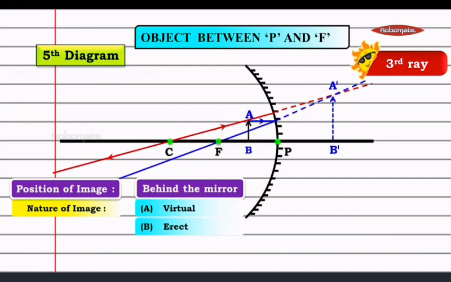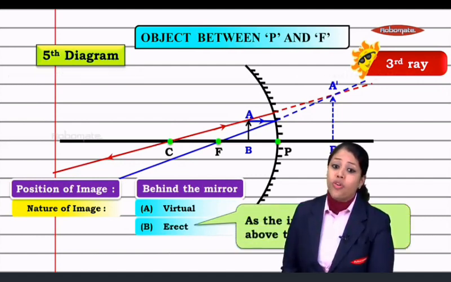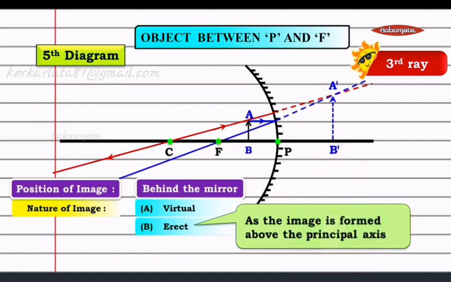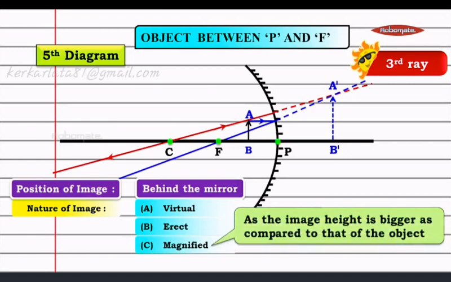Whenever it is virtual, it is erect. Why erect? As the image is formed above the principal axis. When the image is formed above, then it is erect. Finally, we say magnified. The image is magnified. Why magnified? Because its height is bigger as compared to that of the object.